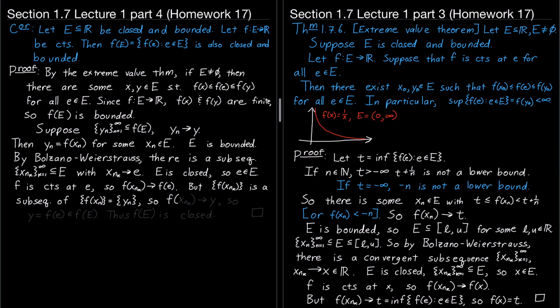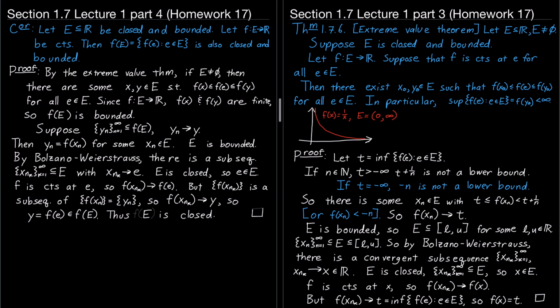So f of x_{n_k} converges to y. So the conclusion is that y equals f of e, which is therefore in f of E. Thus, f of E is closed.